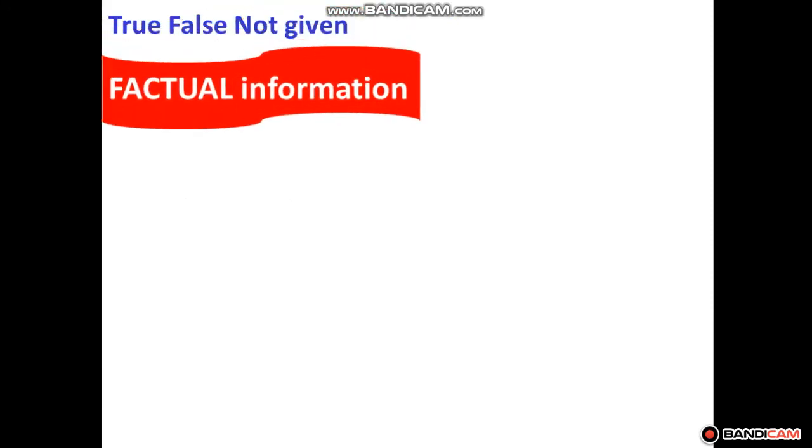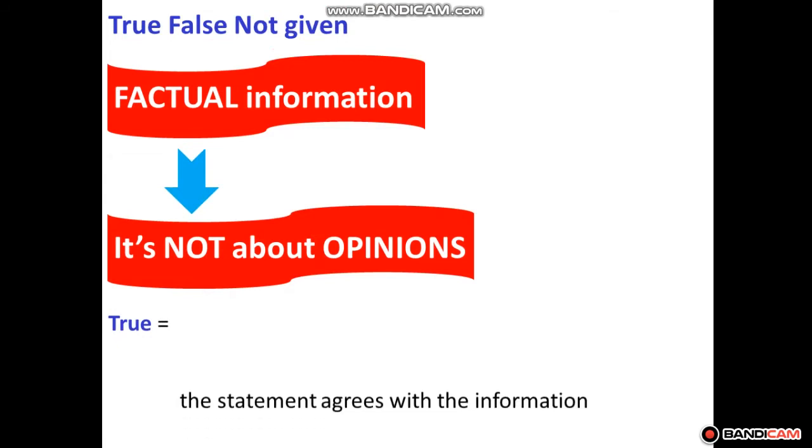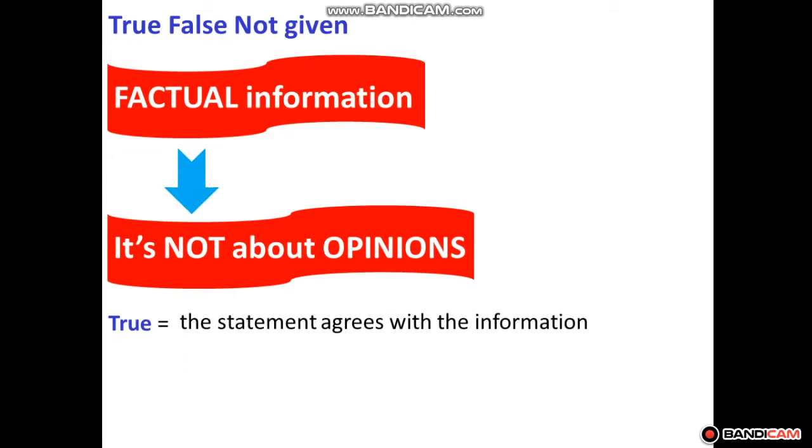Now coming to true, false, not given, the most important point to keep in mind about them is that they show factual information, no opinions at all. Alright, it's not about opinions. This is what you have to note down with you first of all. True means the statement agrees with the information given in the passage.